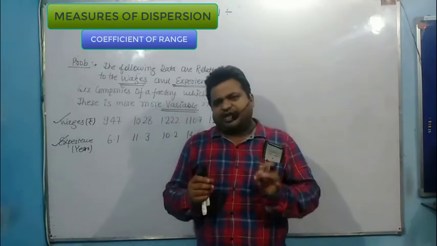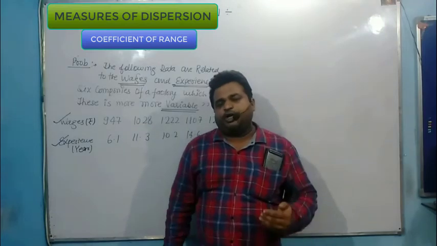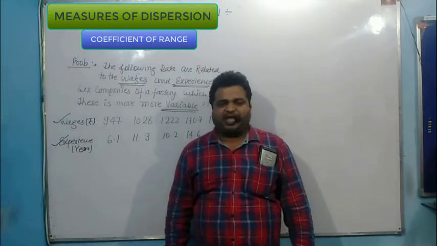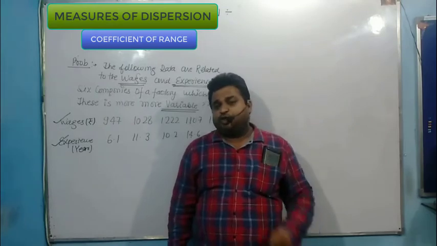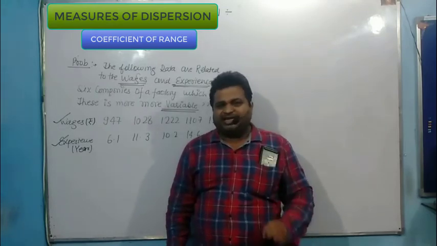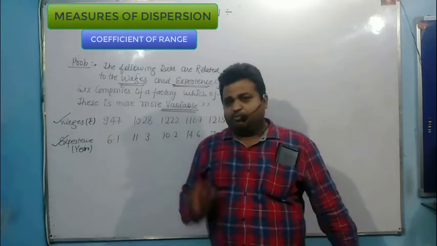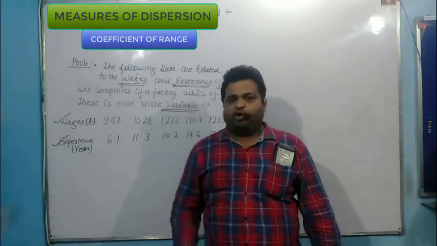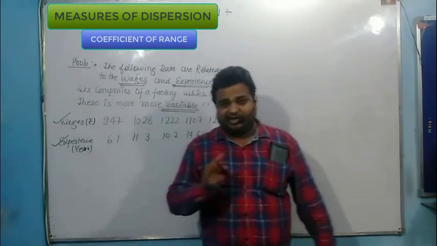So to find out variability or scatteredness, it is important to calculate the coefficient of range. As I already mentioned, the coefficient of range is a unit independent value. Here the two parameters, wages and experience, have different units: wages in rupees whereas experience in years.